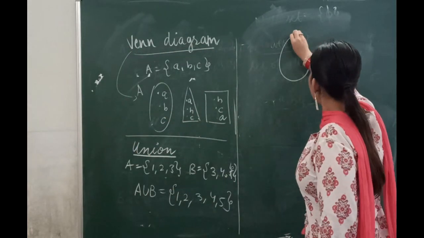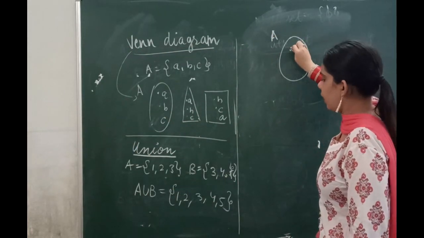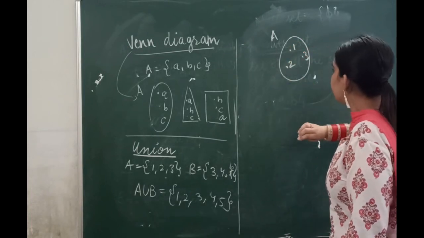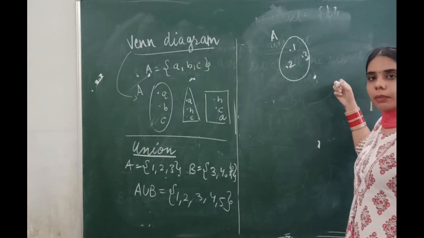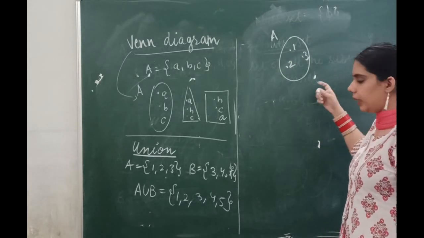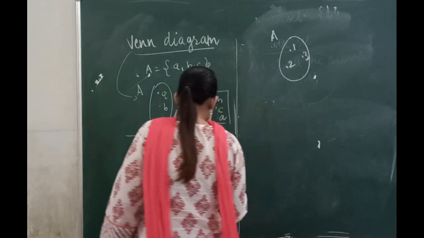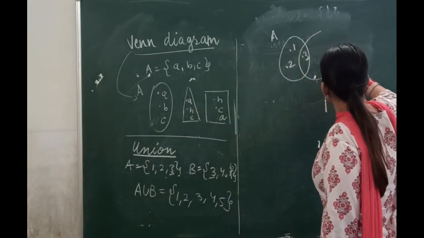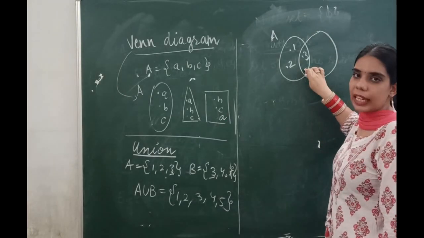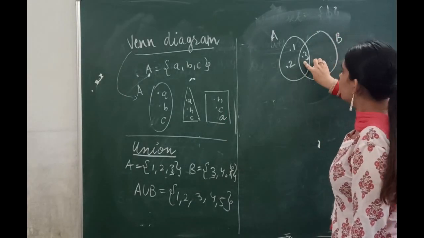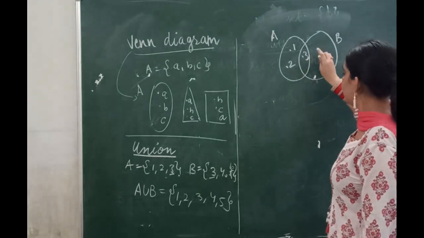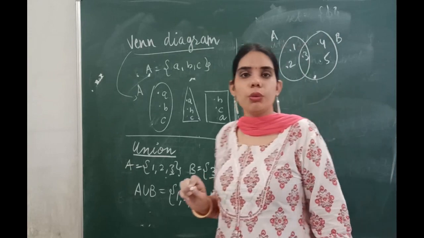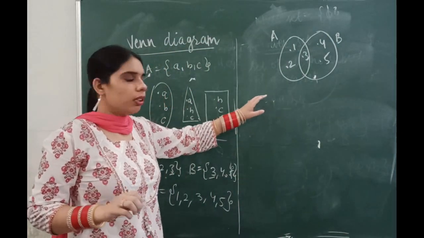We will make a set A and represent all its elements. We will also make set B, but before making set B, the common element, that is 3, we will put it in the common part of set A and B. और हम इसको सिर्फ एक ही बार लिखेंगे, इसको हम दो बार नहीं लिखेंगे. So this is how a union of A and B will look.